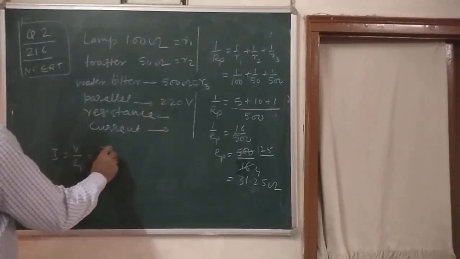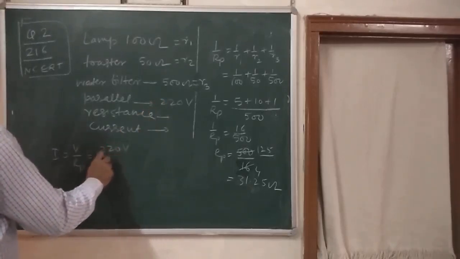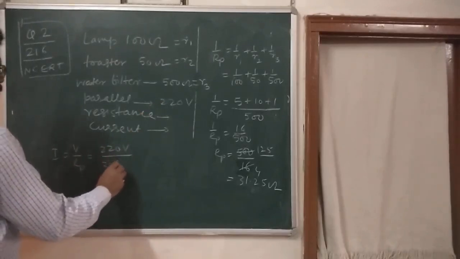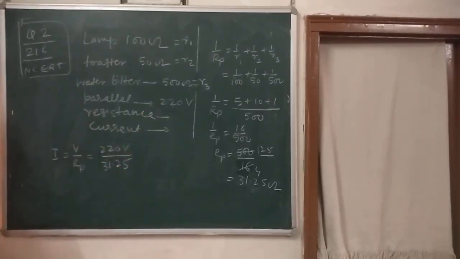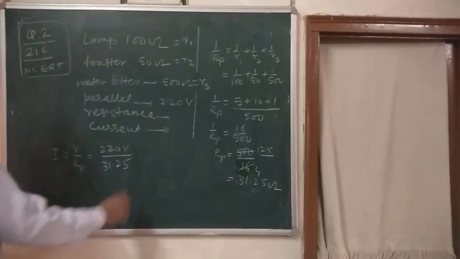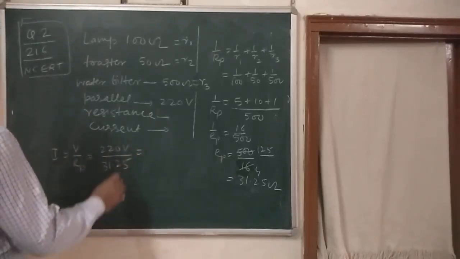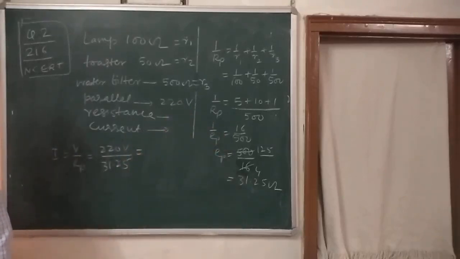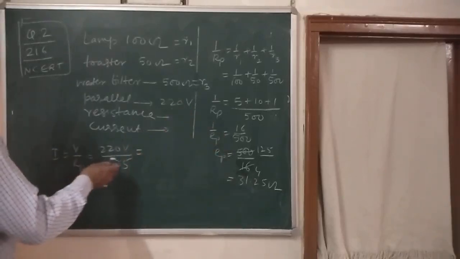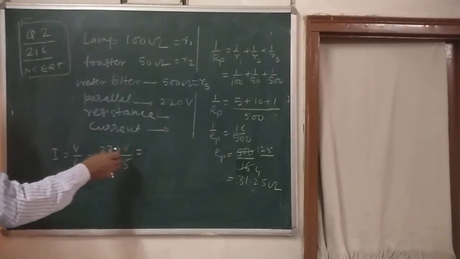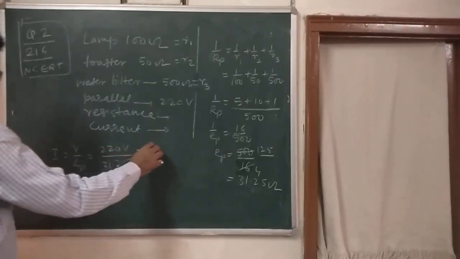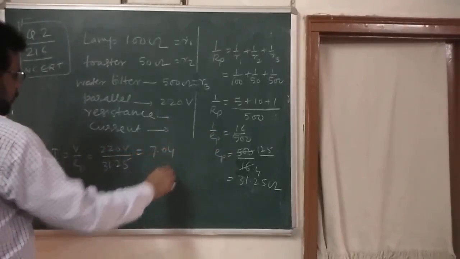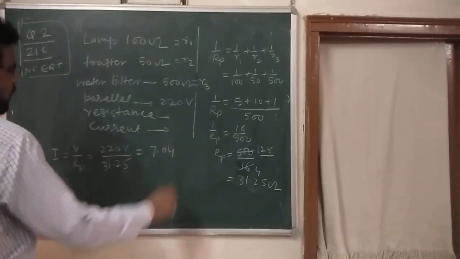V is 220 volt and resistance is 31.25. So when you solve it, or you can write directly 125 by 4. You will get the result, that is near about 7.04 ampere.